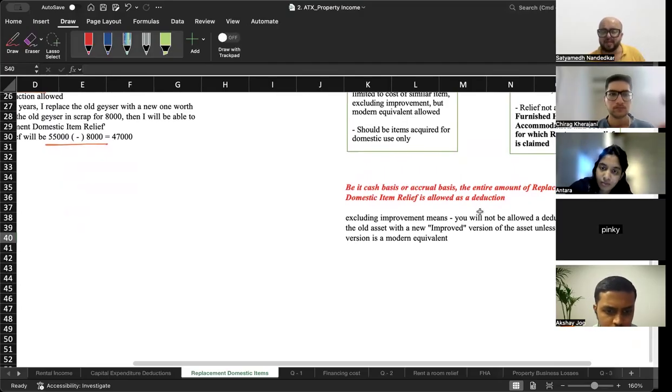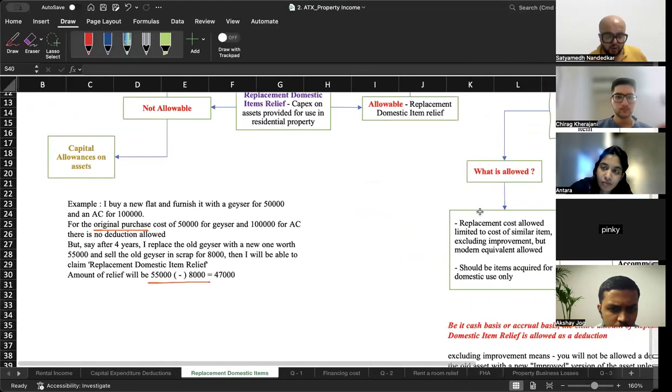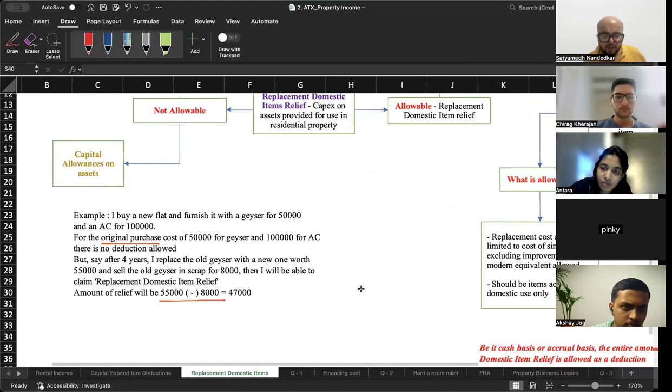So basically, what we are saying is that when you purchase the first AC, there is no deduction. Then you replace the AC with another AC, and that is allowed as a deduction. So the first time you purchase, no deduction. You replace the AC with a new AC of 60,000, that 60,000 will be allowed as a deduction. Have a quick look at this example.